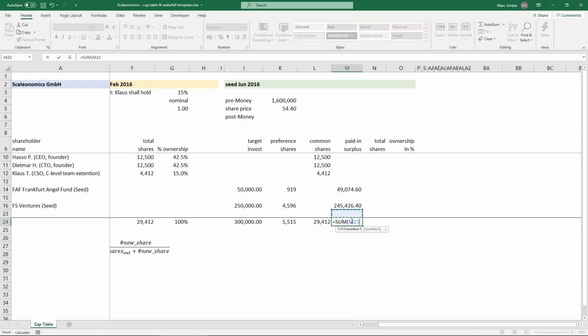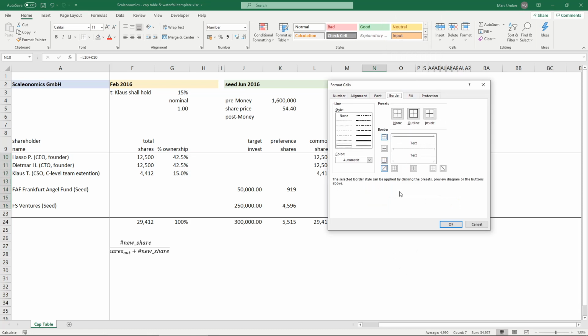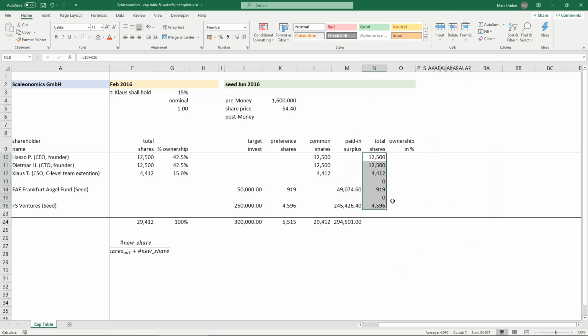Okay, let's make this table complete. Now we can calculate the total number of shares outstanding, which is the common shares plus the newly created shares. Make this nice. Always try to make your table as transparent and comprehensible as possible.